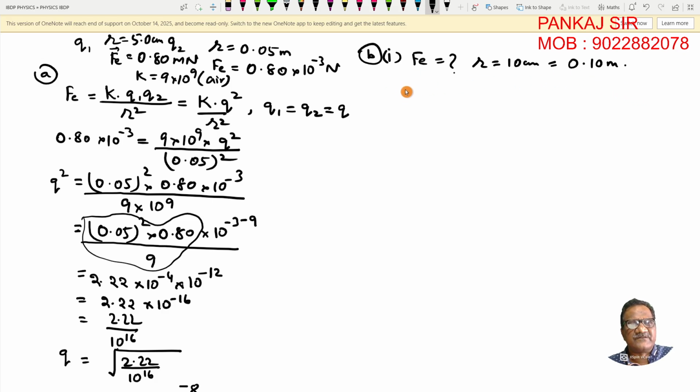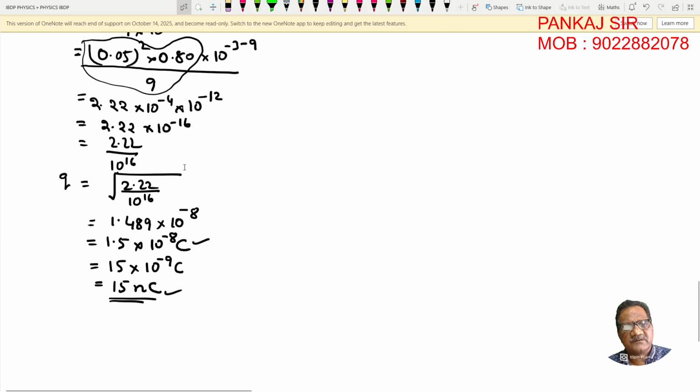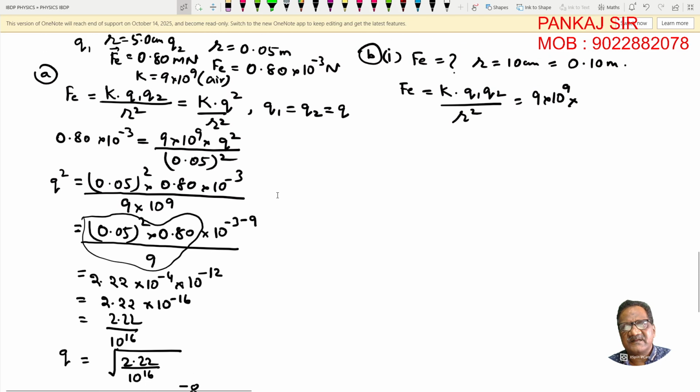So again, using the same formula, Fe equal to K times Q1 Q2 upon R square. The same formula. You can write this as K is 9 into 10 raised to 9 because the medium is air, and Q1 and Q2 because we have just found out the value. Okay, it was 1.5 into 10 raised to minus 8, right? So let us take that value, 1.5 into 10 raised to minus 8.